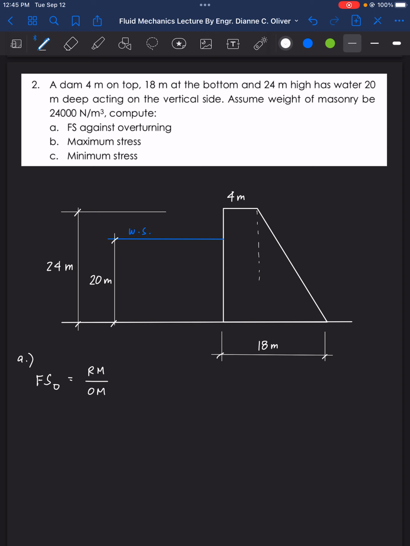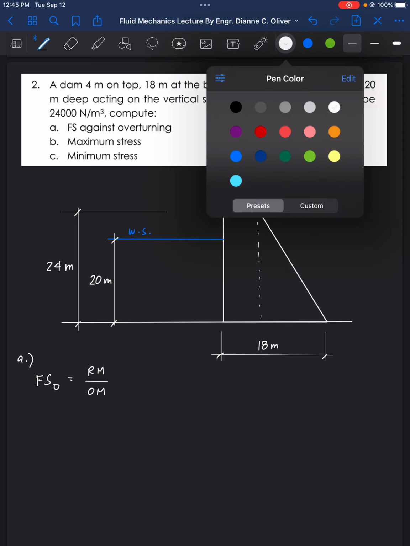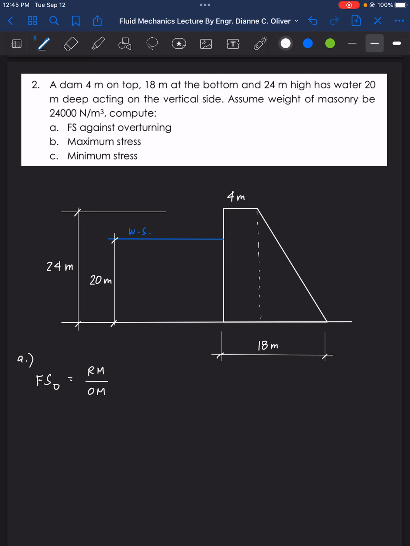Okay, so this is the weight 1. Then this should be the weight 2. And nothing else. How about the overturning forces?